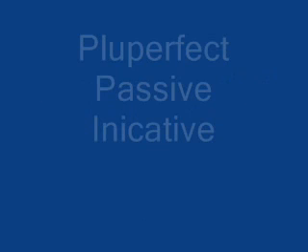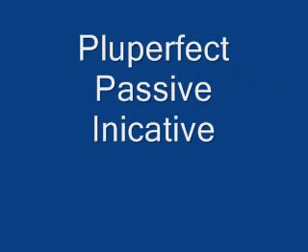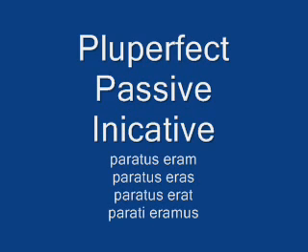Now, how do I say I had been prepared? You take that perfect passive participle, which has the past tenseness built into it, and you add a past tense form of esse. Eram, eras, erat. So the pluperfect passive indicative is paratus eram, eras, erat, parati eramus, eratis, erant.